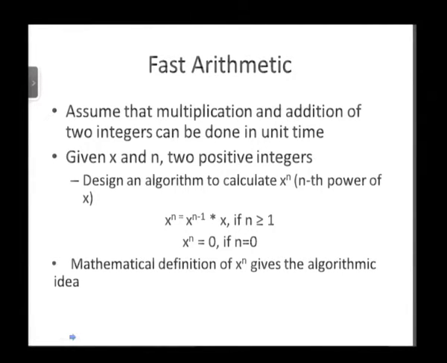On most processors this is not a completely valid assumption, because it is either a 32-bit integer or a 64-bit integer addition or 128-bit integer addition, or a finite number of bits addition that happens in unit time. But for the purposes of understanding the challenge of designing algorithms to do fast arithmetic, we relax this assumption and we assume that any 2 integers can be multiplied or added in unit time.